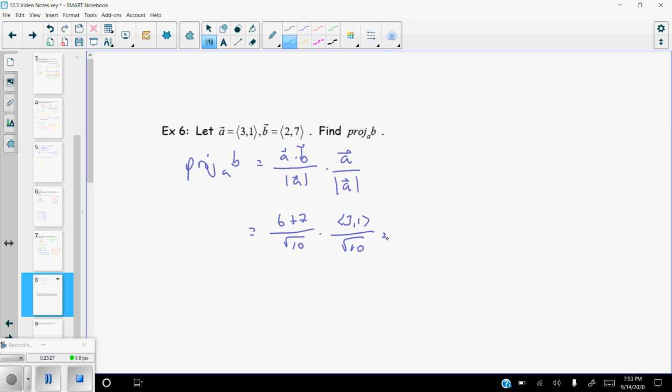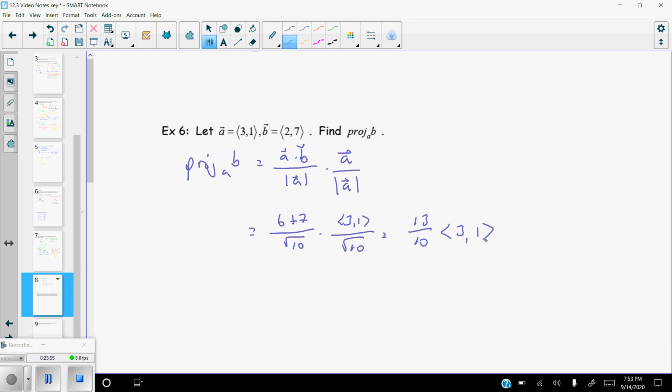On top I get 13, so we get 13 tenths times the vector 3, 1. You can distribute that, or you can leave it just as it is. Perfectly fine the way it is. You could approximate a decimal, but that doesn't matter.